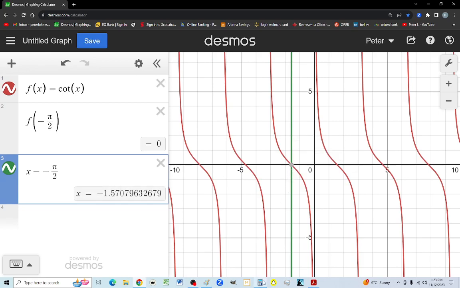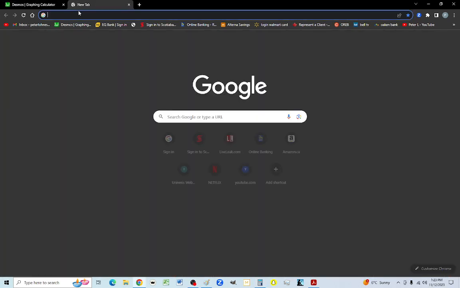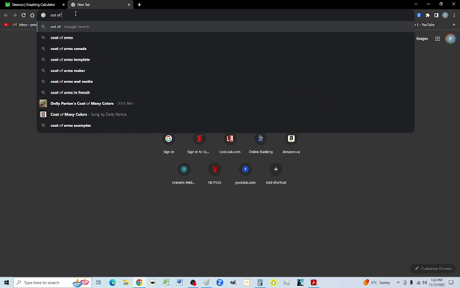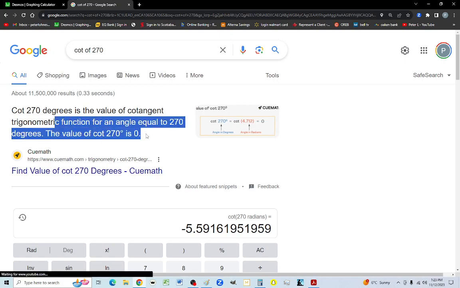Not sure why the calculator is saying no. It's kind of interesting. Let's try it in radians and take pi divided by 2 and make it negative, and then hit cotan. Invalid input. Go to the internet. That seems to be an interesting little error.